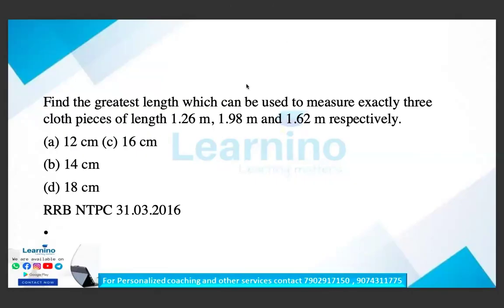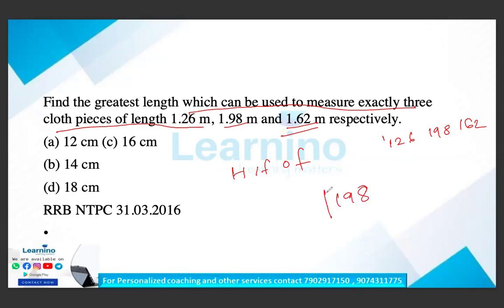Find the greatest length which can be used to measure exactly 3 cloth pieces of length 1.26 meter, 1.98 meter, and 1.62 meter respectively. Here we take the HCF of 126, 198, 162. So use the division method.